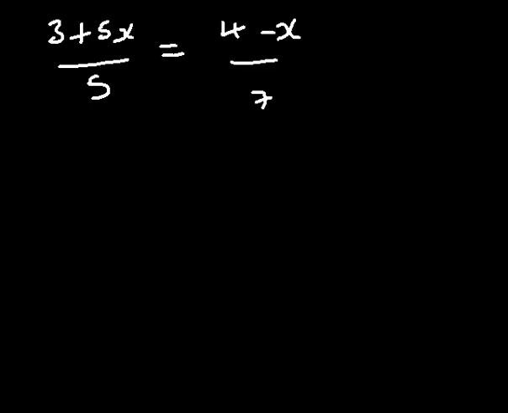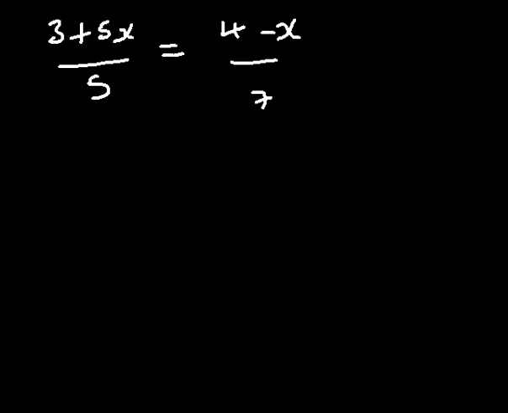And let's say we have this, how do you think you can solve for that one? Let's say we have 3 plus 5x divided by 5, which is equal to 4 minus x over 7. So in this case, the principle remains the same.